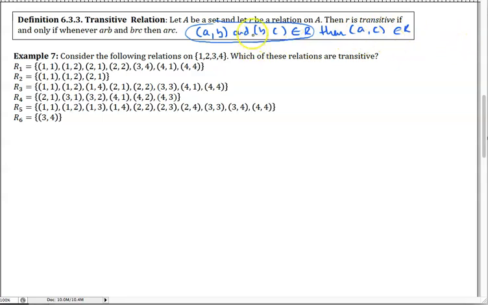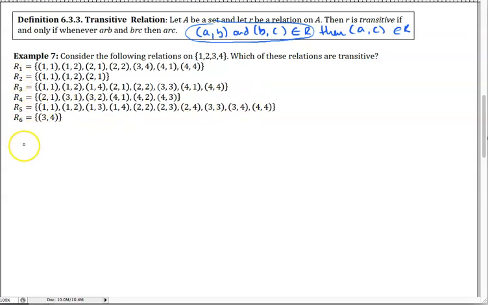You're basically checking to see if the rule is broken. If the pieces are not even there, it's transitive by default, because the conditional is automatically true if the premise is false.